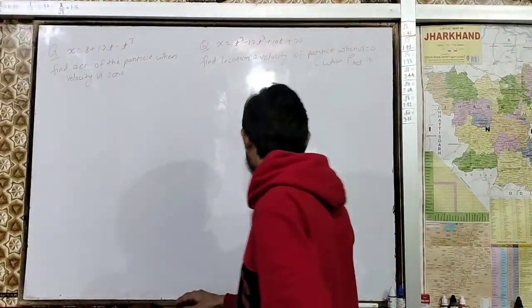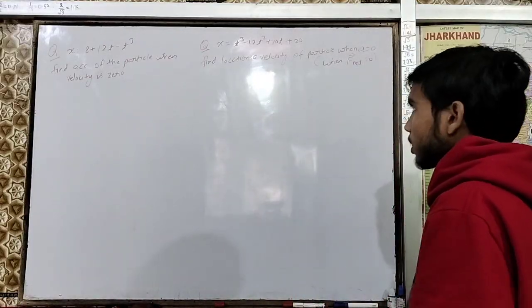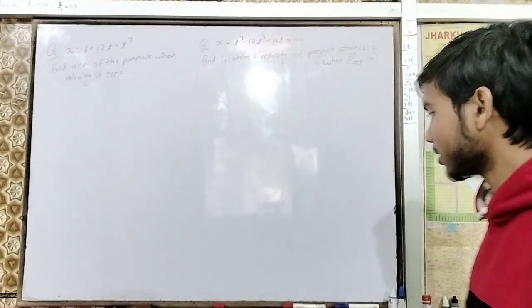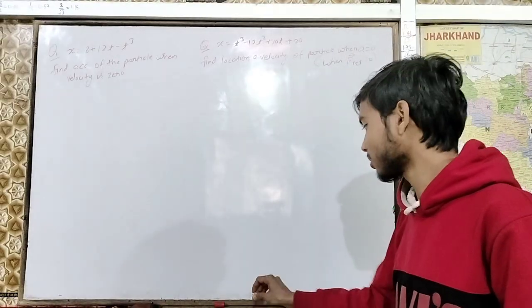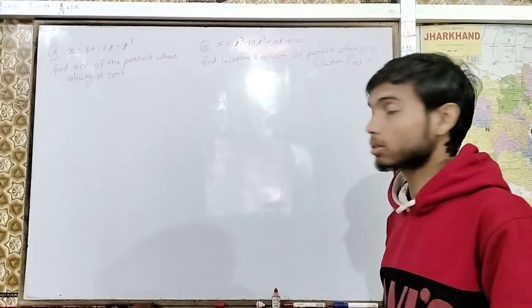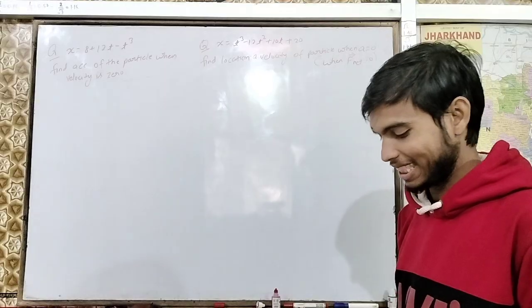Can you solve this kind of question where velocity is becoming 0? I would say it's not difficult. It's a little bit different from the previous question, because we didn't see this kind of equation in the previous part. That's why.